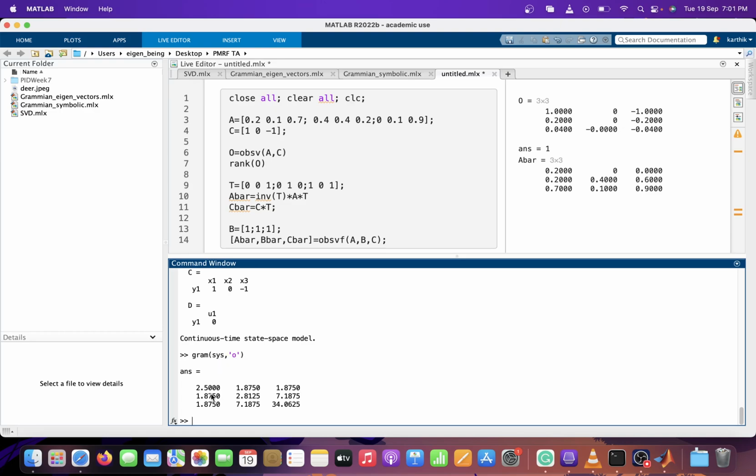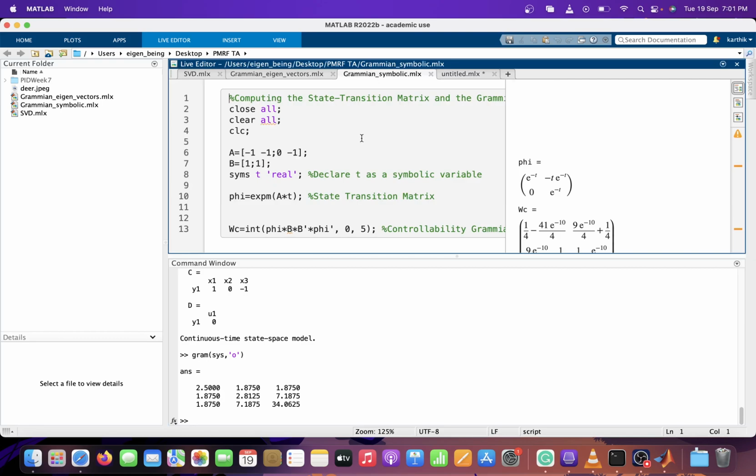If you want to do the entire thing, the code is already uploaded in the folder, so you can just check that. You have to give the A matrix, B matrix, and C also. So you find the Gramian by E. This is my state transition matrix, phi. For the observability Gramian, you just have to write phi transpose C transpose C phi, and integrate it from, let's say, 0 to 5.